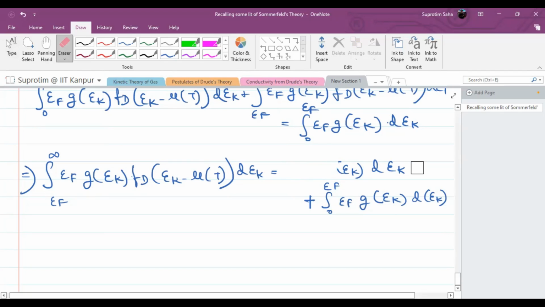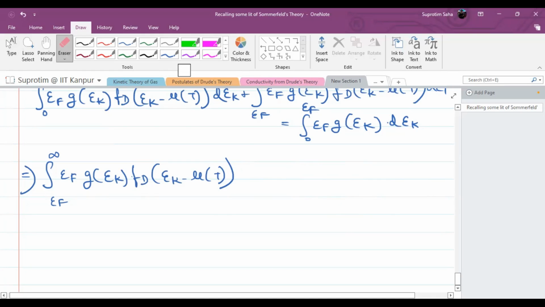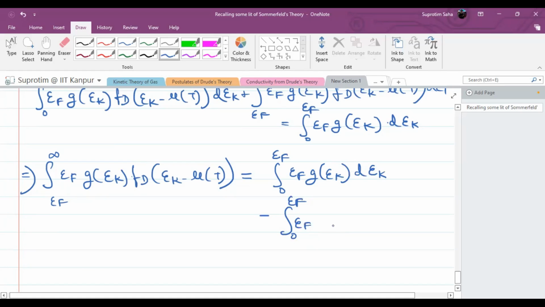I missed a term. Missed a certain term. So that is a very big mistake. So this is like 0 to Ef. This should go first, minus 0 to Ef of Ef g of Ek Fermi-Dirac of Ek minus mu t d of Ek.